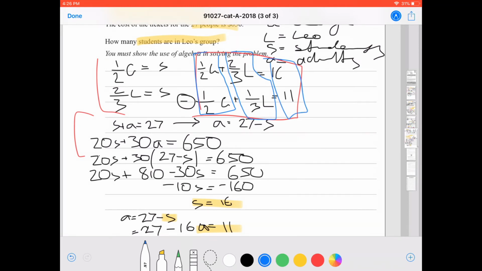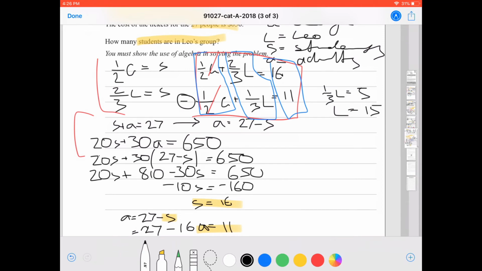Hopefully you're familiar with the elimination method for simultaneous equations. So we're subtracting. Half G minus half G cancels out. 2/3 L minus 1/3 L gives us 1/3 L. And that equals 16 minus 11, which is 5. Solving for L, L equals 15.